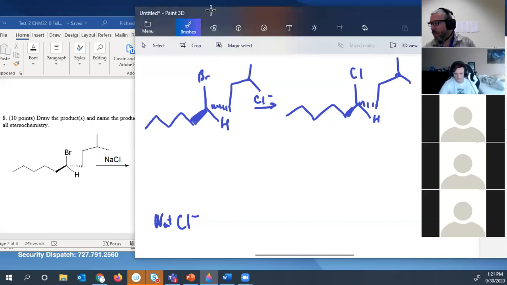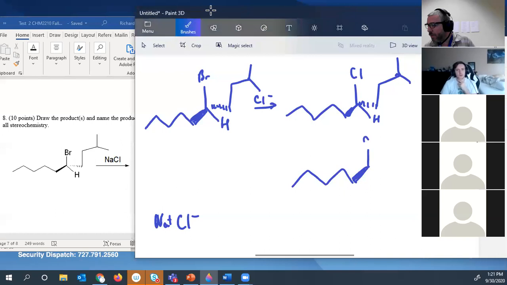And I'm going to draw the other one below it. And I know that whatever else I'm doing now, I need that hydrogen in the back. So the Cl will stay where it is. I'll put the hydrogen into the back.